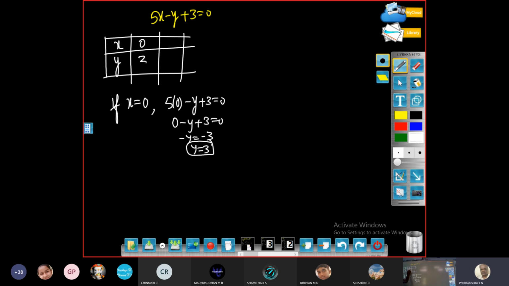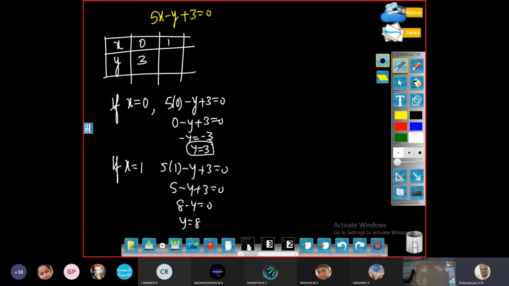So x is 0, y value will be 3. Now you substitute x is equal to 1, what happens? 5 into 1 minus y plus 3 is equal to 0. 5 plus 3, 8. 8 minus y is equal to 0, so y is equal to 8.